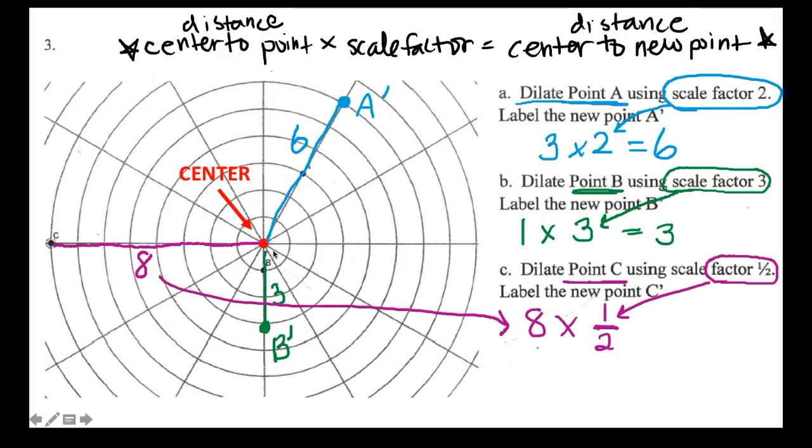Okay. 8 units times my scale factor of 1/2 equals 4. So that means the new distance from the center to C prime is 4. Because my scale factor is 1/2, it's going to be halfway away from the center that C was.